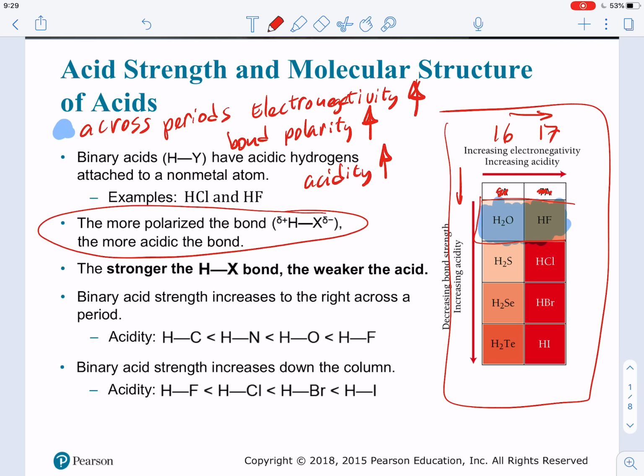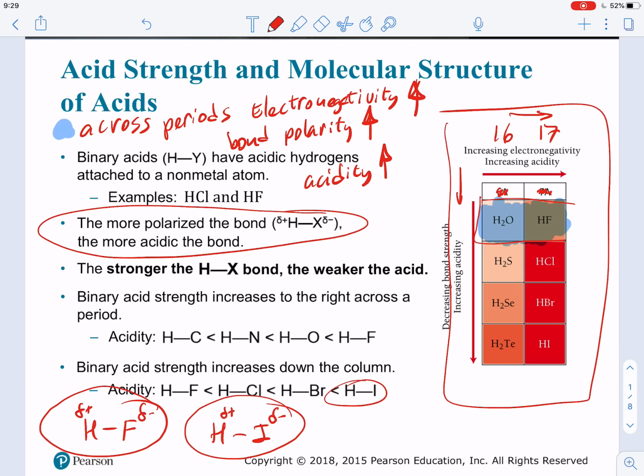For example, HF has a partial positive charge and a partial negative charge, and you're comparing this with HI. The partial charges in HF are stronger than the charges in HI because of the difference in electronegativity. That means that the bond in HI is actually weaker than in HF.